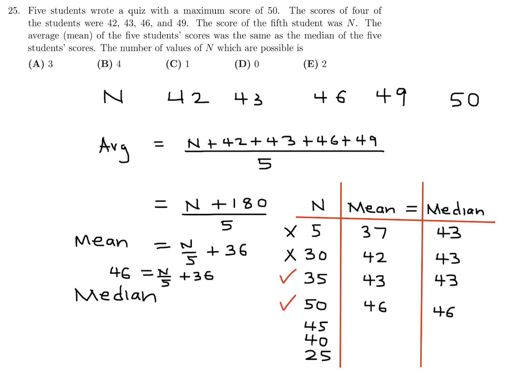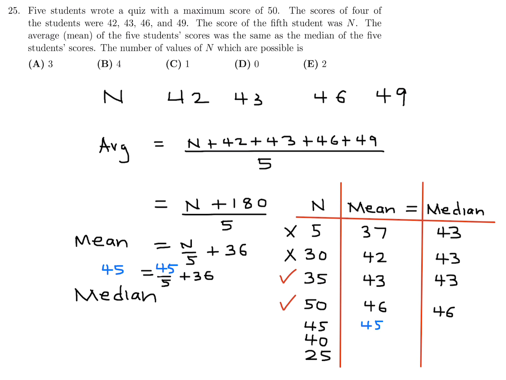Okay, let's work with this. So n is 45. Let's do that. 45 for n. 45 divided by 5 is 9. 9 plus 36 is 45. So therefore the mean is 45.